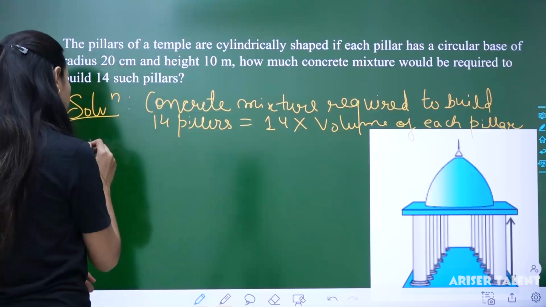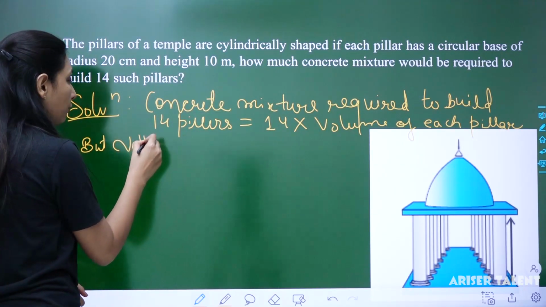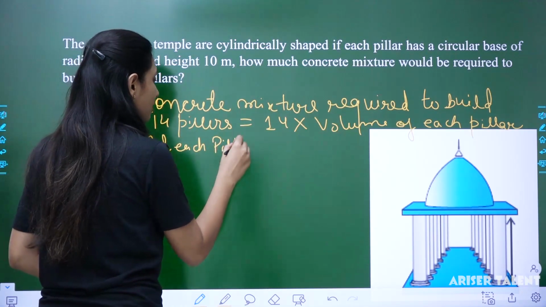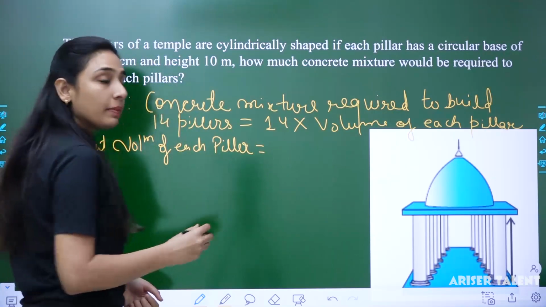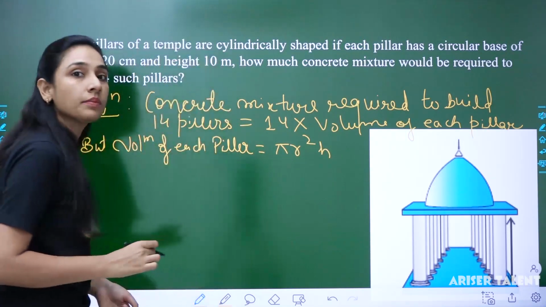Now, the volume of each pillar, because it's cylindrical in shape, will be pi r square h, isn't it?